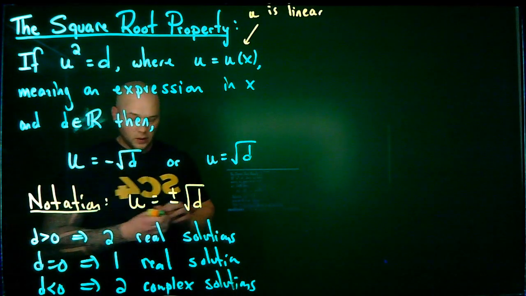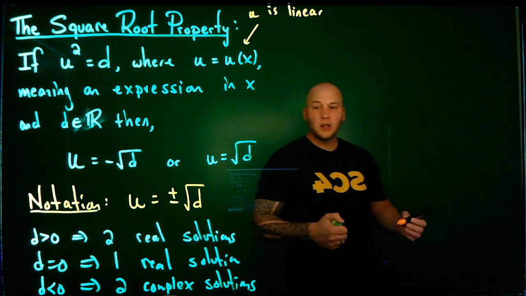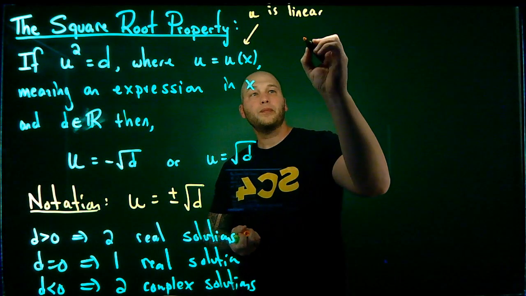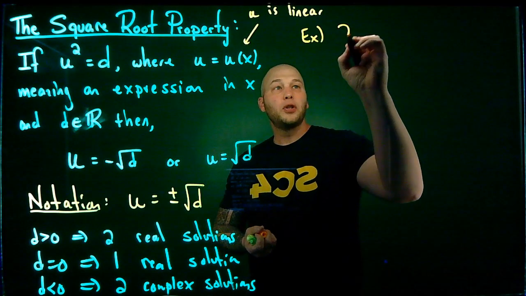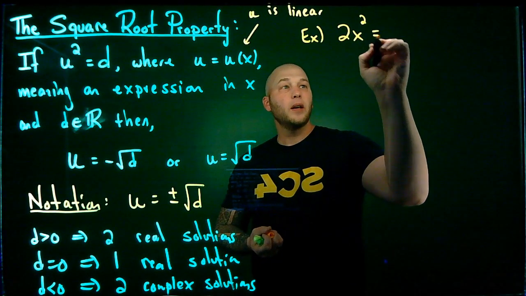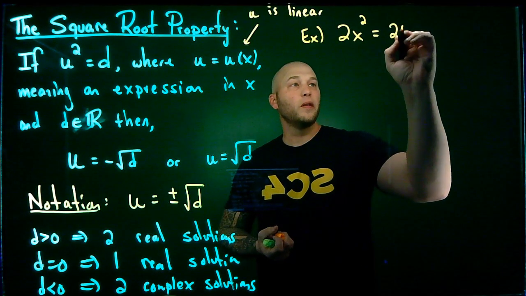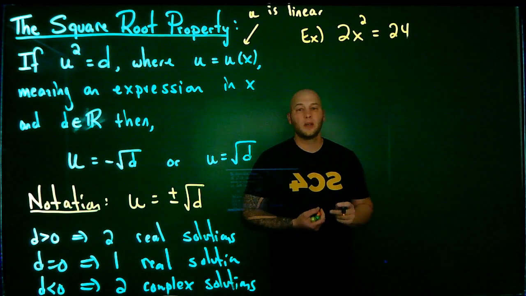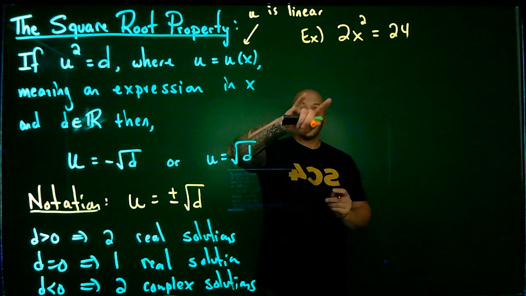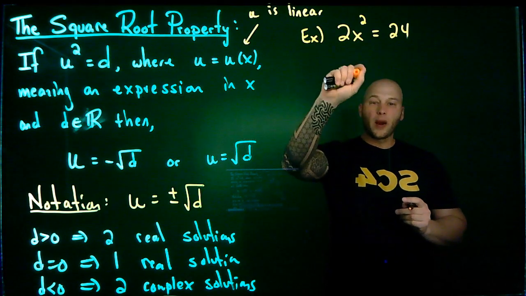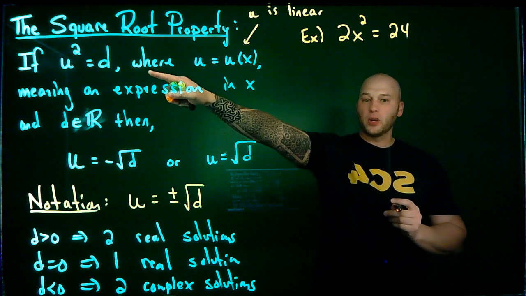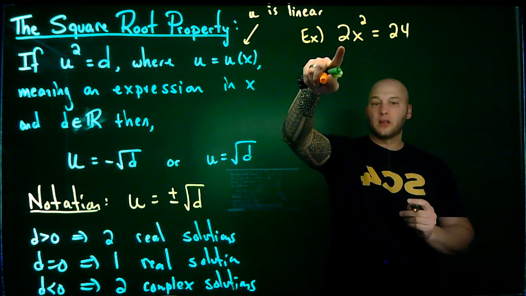Okay. So let's see what these examples look like. For example, let's say I give you 2x squared is equal to 24. Well, this is pretty similar to that expression. However, I need to have the squared term by itself, which means I have to get rid of this 2.